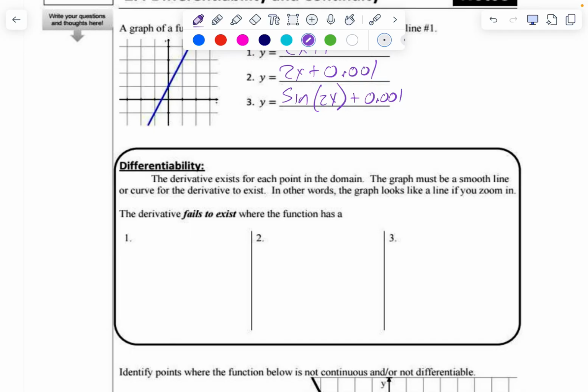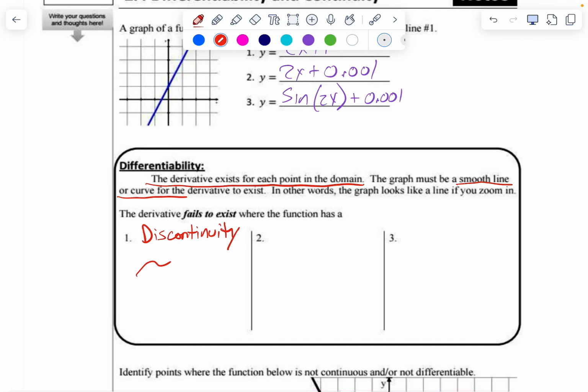It means that the derivative, as a basic definition, exists for each point in the domain of the function. Okay, but how do we know if the derivative exists? So the graph must be a smooth line or curve in order for the derivative to exist. So here are some fails for that. Number one, if we have a discontinuity. Why would that make the derivative fail?